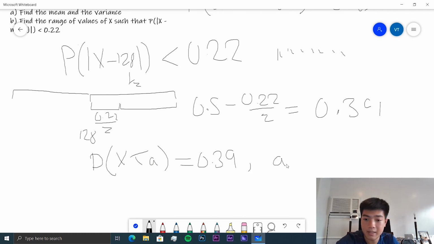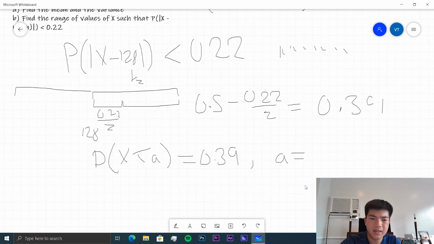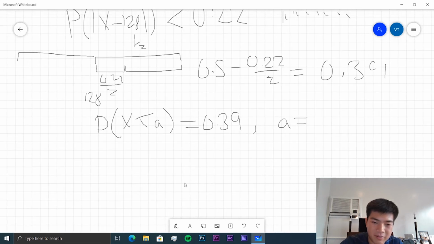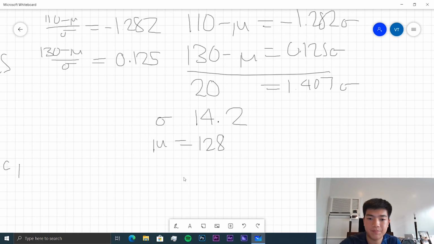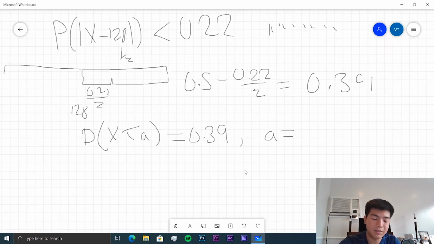Therefore a is equal to 0.28, and then I guess we apply the standard deviation. I'm very confused by this question. 14.2.